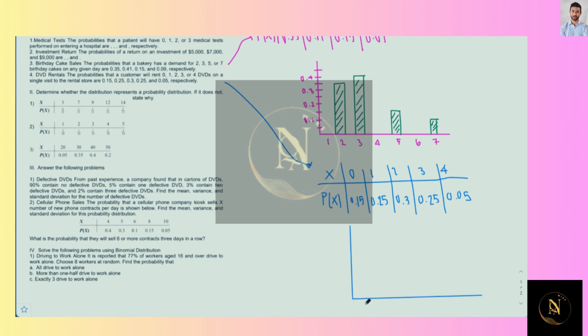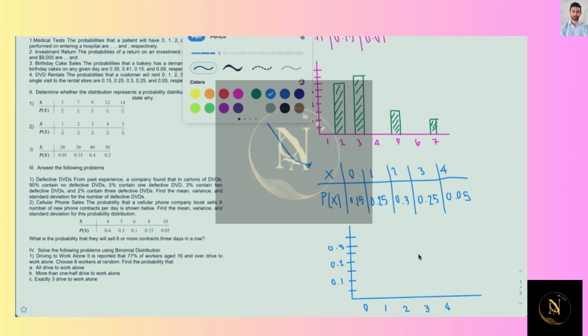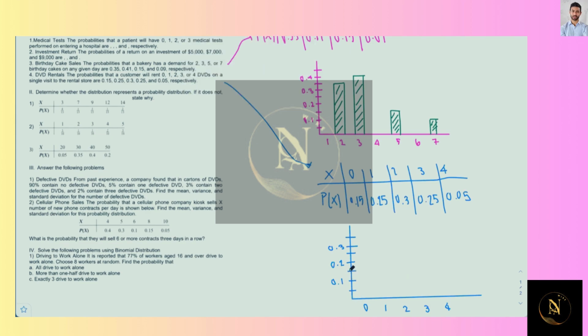This one needs to start 0, 1, 2, 3, 4. And again, we'll go by 0.05. This is 0.1, 0.2, 0.3. And then graph it. Okay, so 0 is 0.15, so up here. Something like that. Then 1 is 0.25 up here.